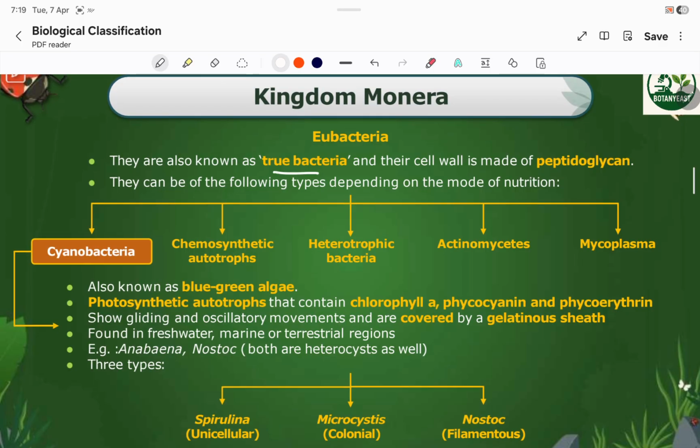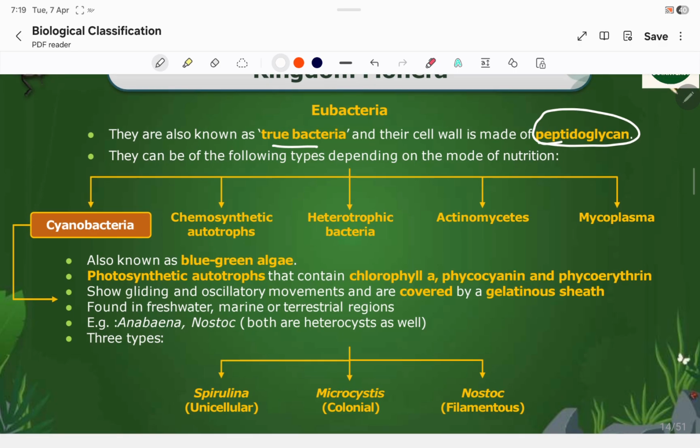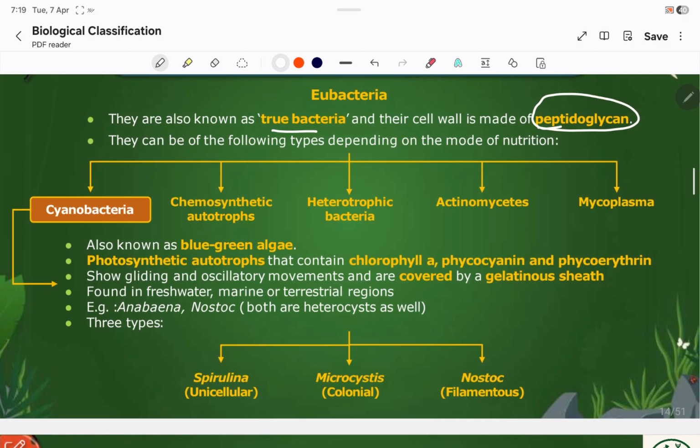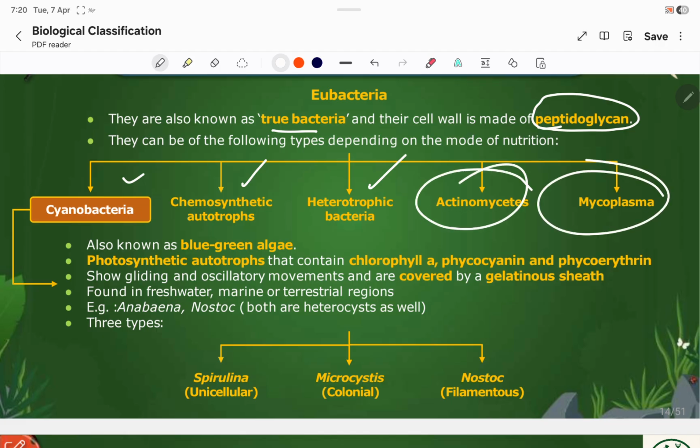Now comes the eubacteria or the true bacteria. Their cell wall is made up of peptidoglycan. They can further be divided into cyanobacteria, chemosynthetic autotrophs, heterotrophic bacteria, actinomycetes and mycoplasma. The cyanobacteria are also known as the blue-green algae, as they are photosynthetic autotrophs.